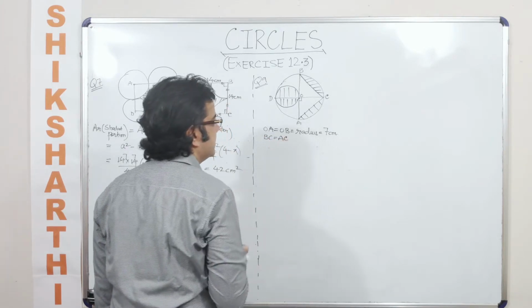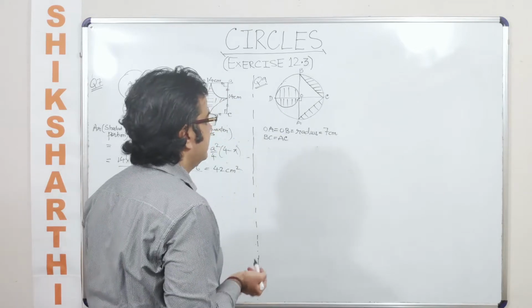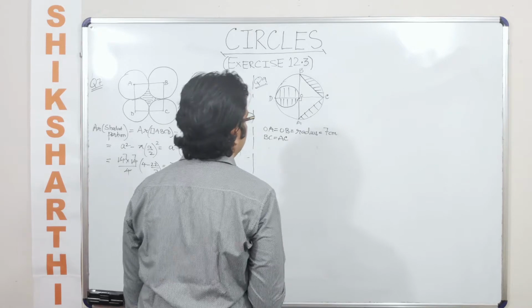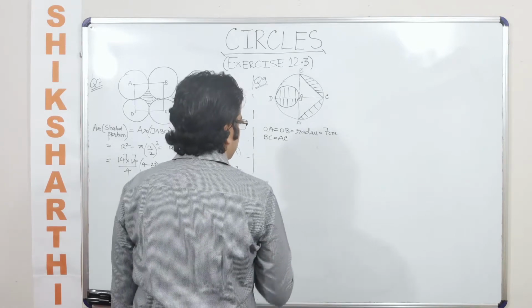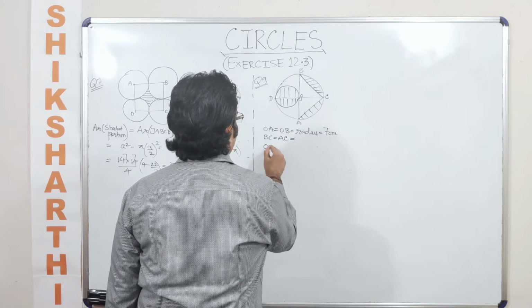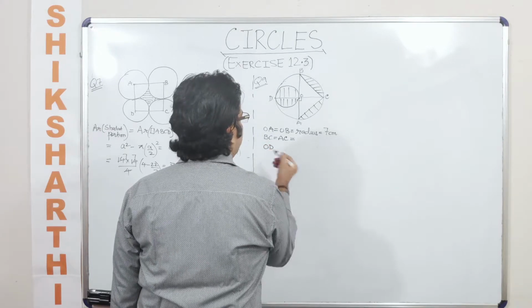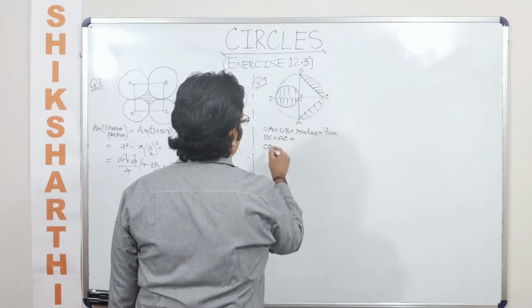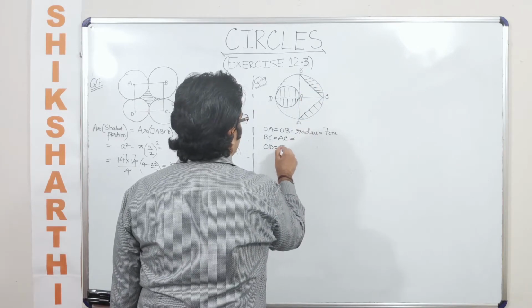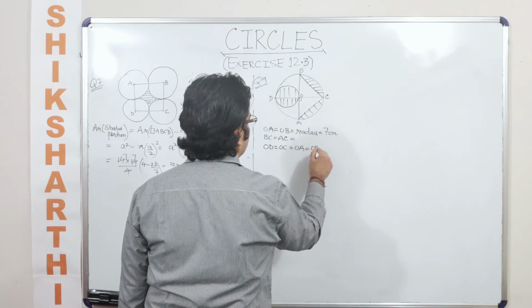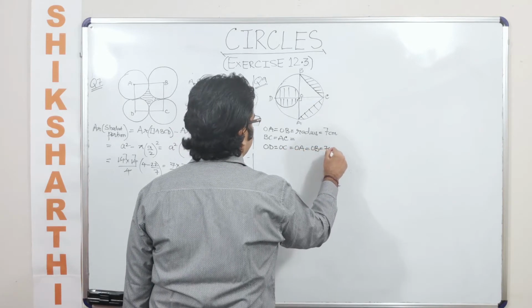Of course, we can say this. What is the measure of BC or AC that we can take? This is the first question. And the second question is, what is the measure of OD? OD is equal to OC, which is equal to OA, which is equal to OB, and which in any case is equal to 7 centimeter.